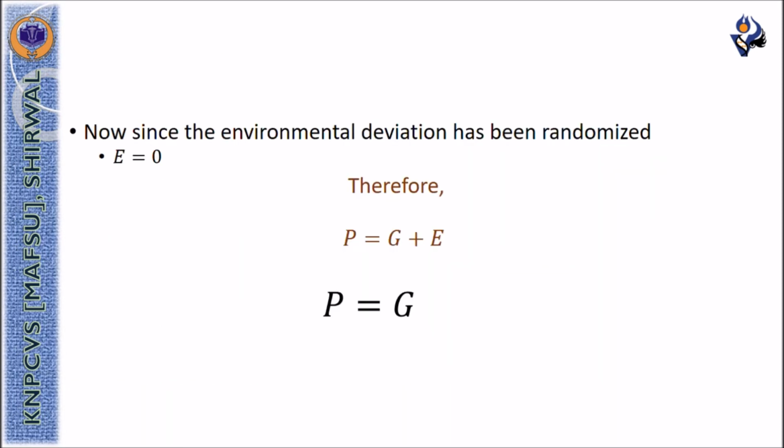Now, since the environmental effects have been randomized and E became 0, the basic model P = G + E will become P = G.